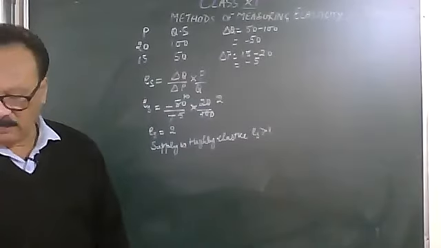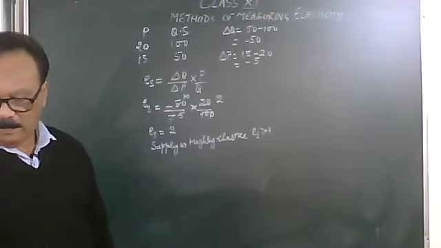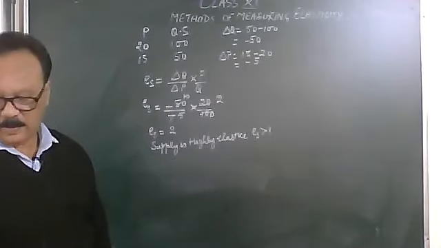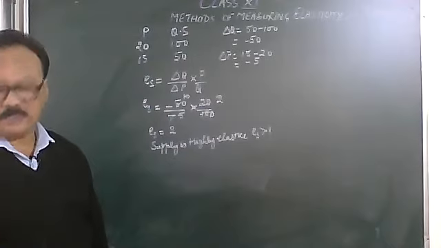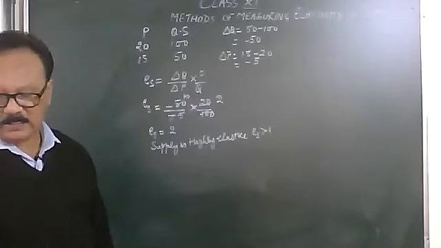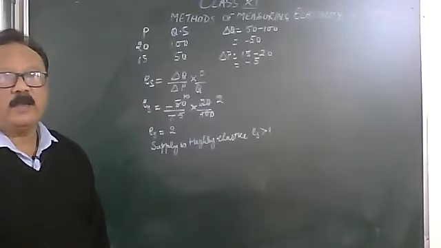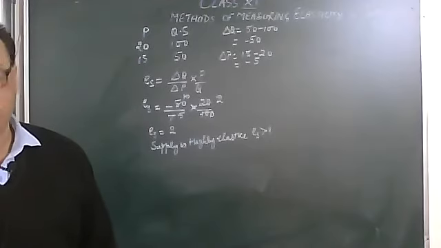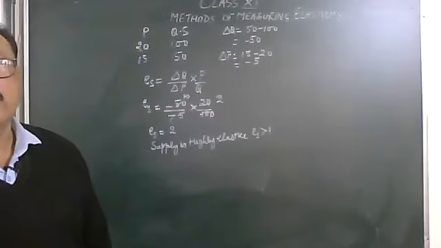The degrees of elasticity are: perfectly elastic supply when ES is equal to infinity, perfectly inelastic supply when ES is equal to 0, highly elastic supply when ES is greater than 1, highly inelastic when ES is less than 1, and unit elastic when ES is equal to 1.